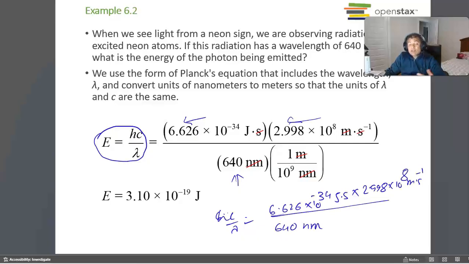But 1 nanometer is 10 to the power minus 9 meter, so 1 meter has 10 to the power 9 nanometers. The nanometers cancel, and when you calculate this using the calculator, E equals 3.110 times 10 to the power minus 19 joule. This is one example.